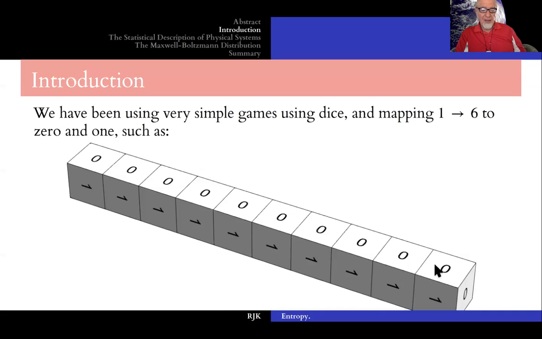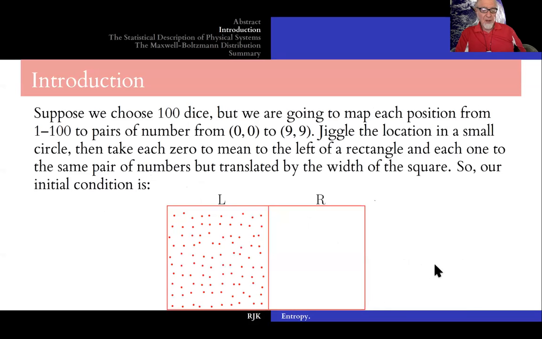So we have dice with faces 1 to 6, and they're mapped 0 to 1, and we start them all at 0. In this case, I just choose 100 dice, and each one is a position from 1 to 100.